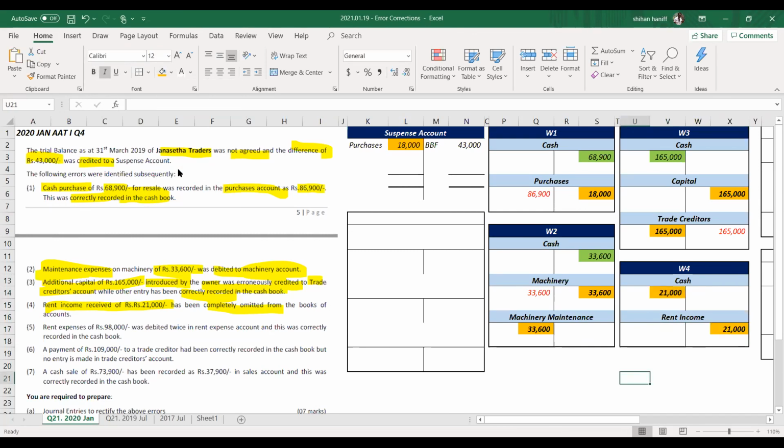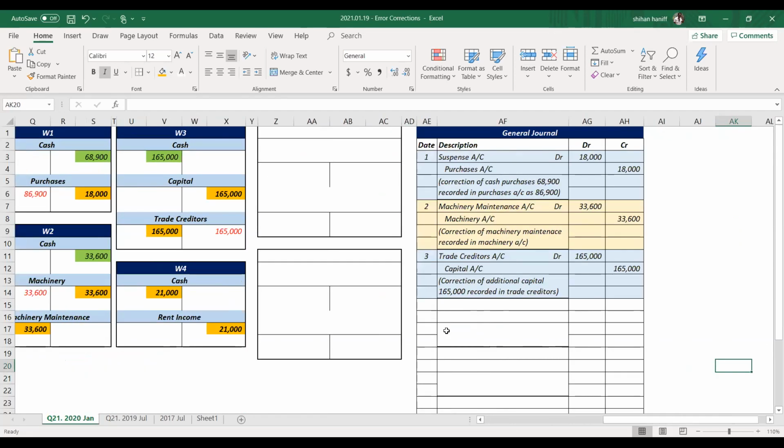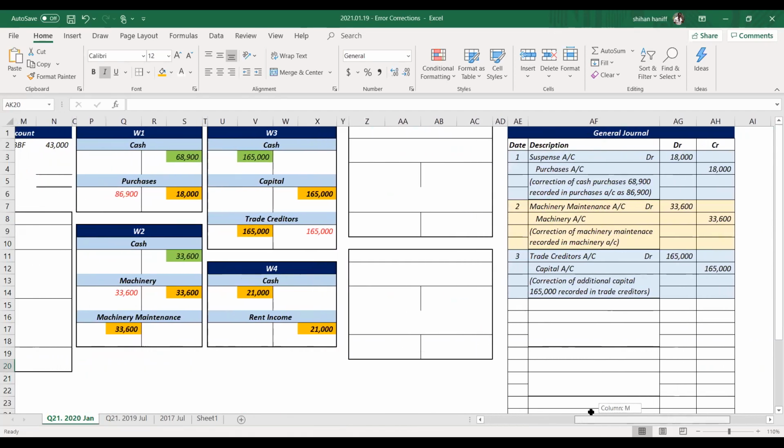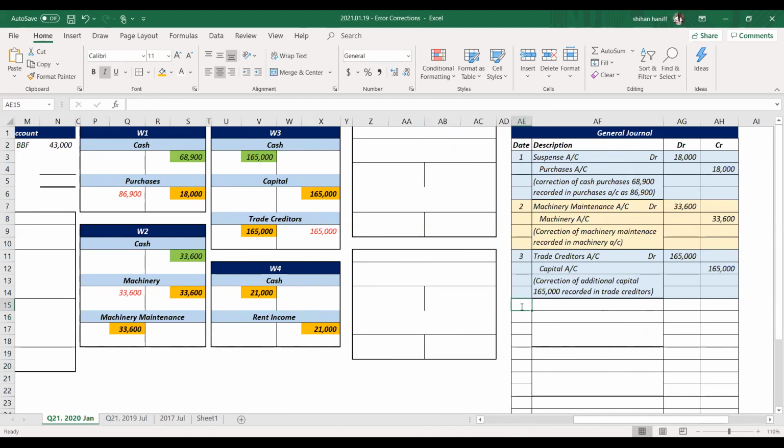Cash account debit, rent income account credit. So we can write this in the general journal. Number 4, cash account debit, rent income account credit 21,000.